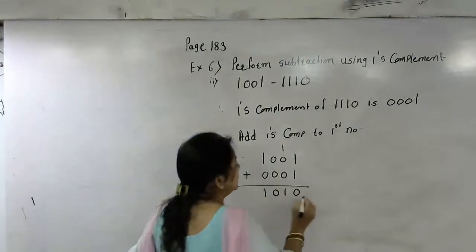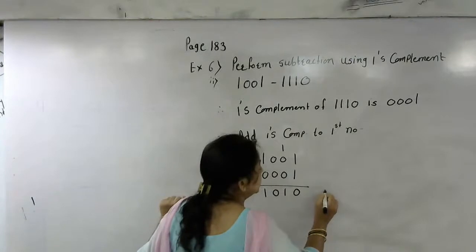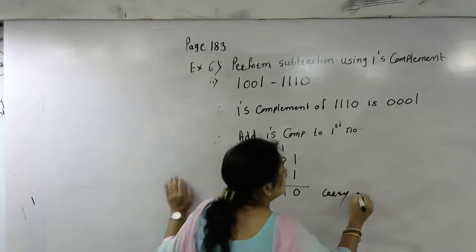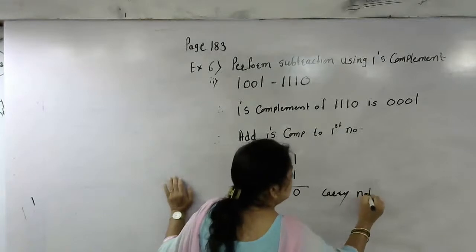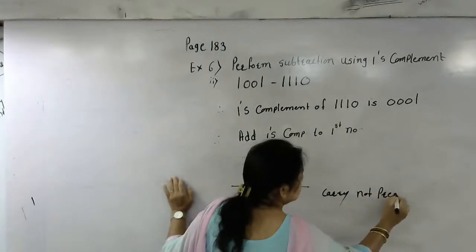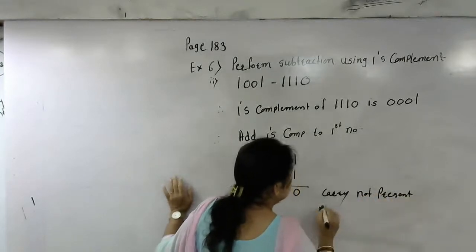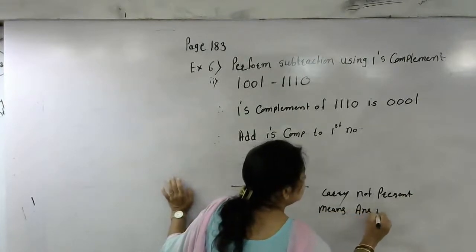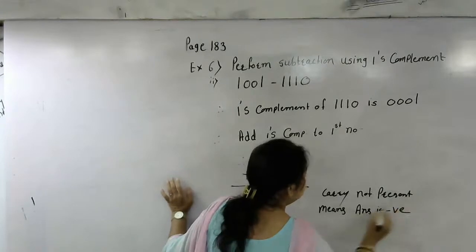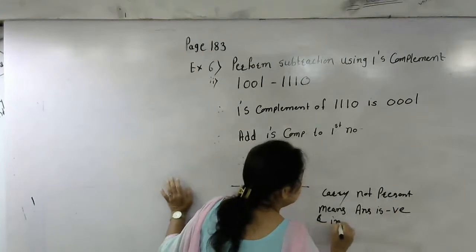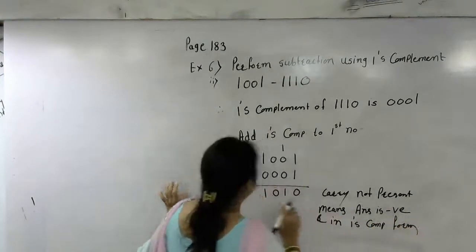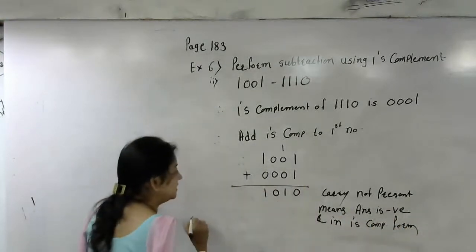Our answer is negative. What do we have to write here? Carry, what do we predict? Carry not present means our answer is negative and in one's complement form. So we have to find the one's complement of the answer.